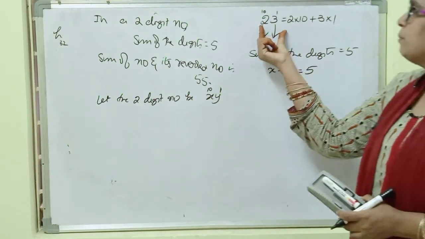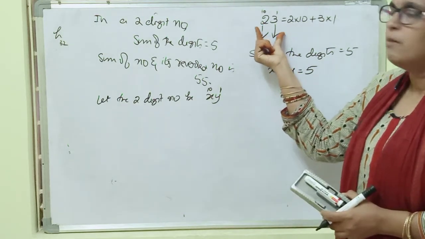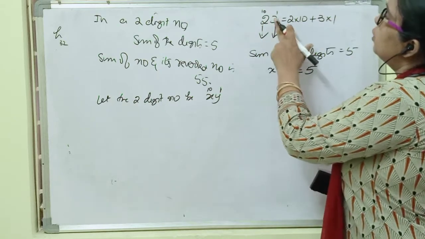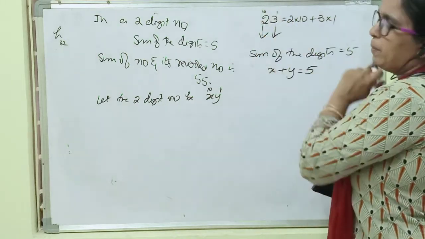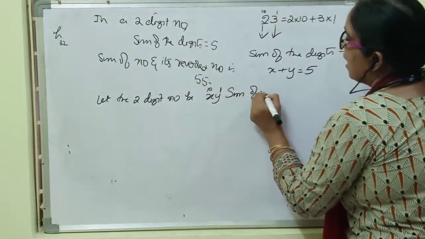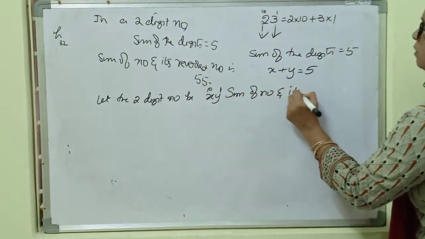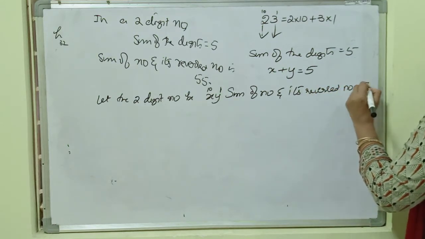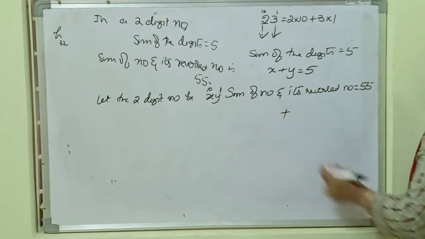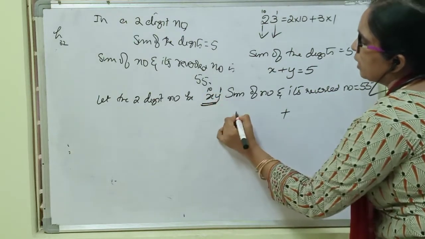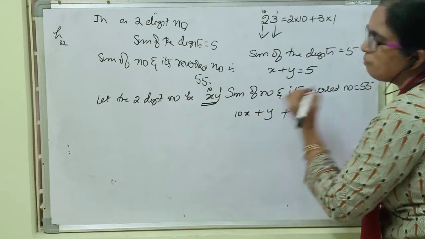Number means the value of that number, that is 23. How will you get that value? By multiplying the digits with their place values, right? Sum of the number and its reversed number is 55. Sum means I am adding. What is the number value here? It is 10 into x plus y.